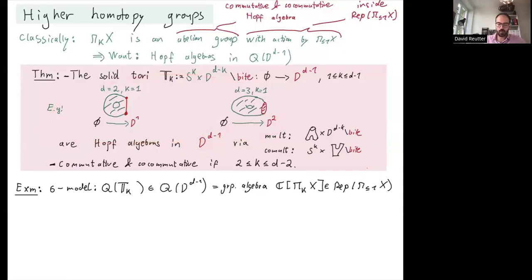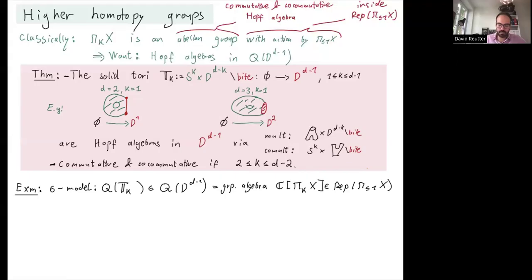category D minus 1. And if k is large enough, namely k is larger than or equal to 2, right? I told you the multiplication is a pair of pants. Where did I cheat?